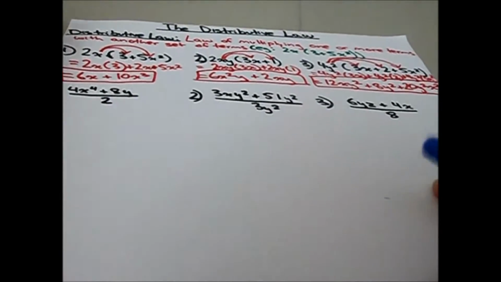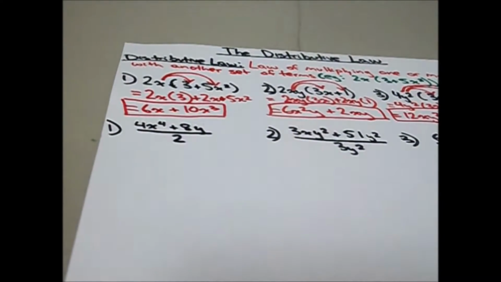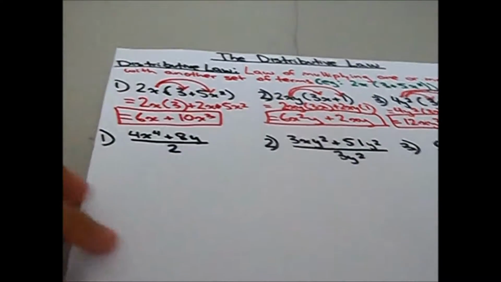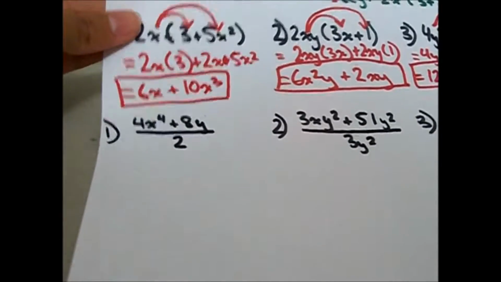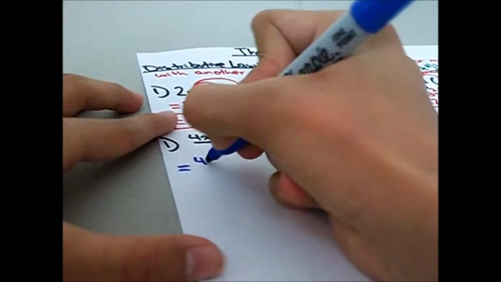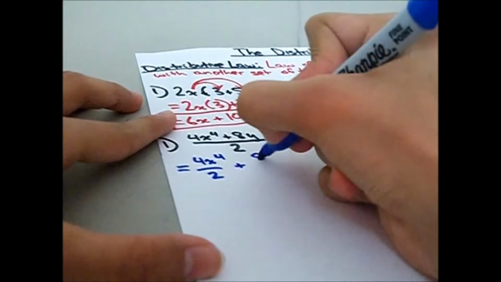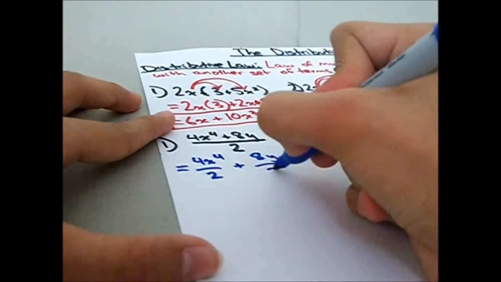Now let's move to division. I have three division problems, and we're going to start with the first one. Okay, 4x to the power of 4 plus 8y divided by 2. Again, we're going to distribute this. So 4x to the power of 4 divided by 2 plus 8y divided by 2.